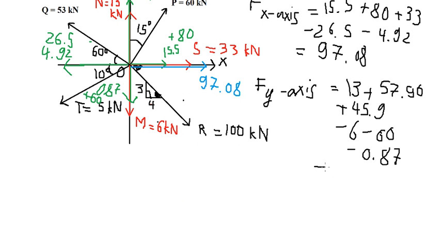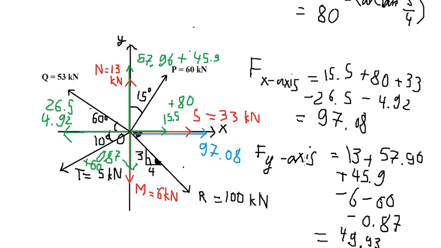Now we calculate this one, and we have 49.93. So I will use the blue color in here because we calculated the positive, so this one will go up in here.